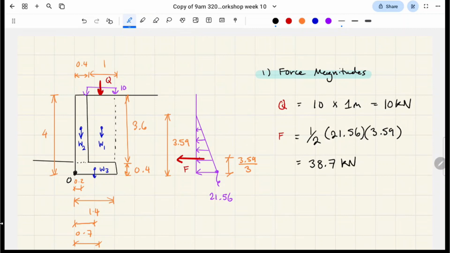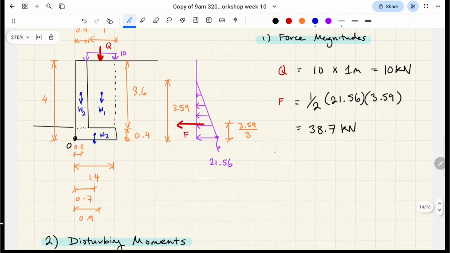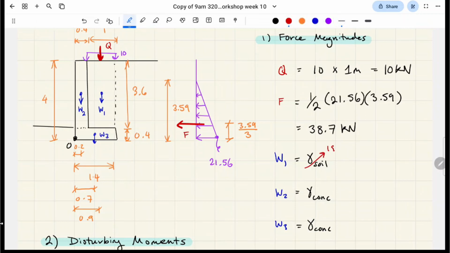Okay. We still need to calculate W1, W2, and W3. Keep in mind W1 is to do with the unit weight of the soil. W2 is to do with the unit weight of the concrete, and so is W3. This value was 18. This value was 25.